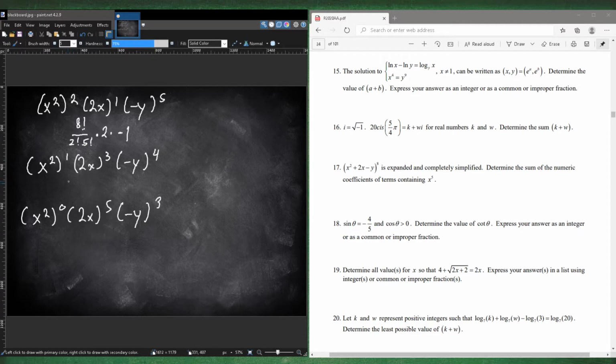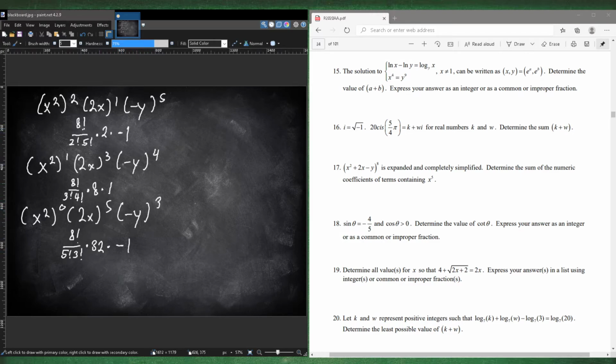For the second, we have 8 factorial over 1 factorial, 3 factorial, 4 factorial, multiplied by 2 to the power of 3, which is 8, and negative 1 to the power of 4, which is just 1. And 8 factorial over 0 factorial, 5 factorial, 3 factorial, multiplied by 2 to the power of 5, that is 32, and negative 1 to the power of 3 is negative 1.